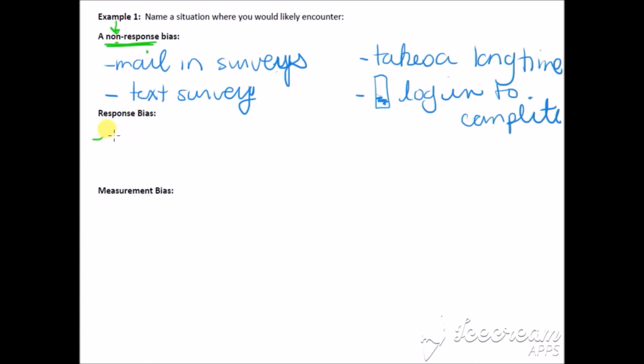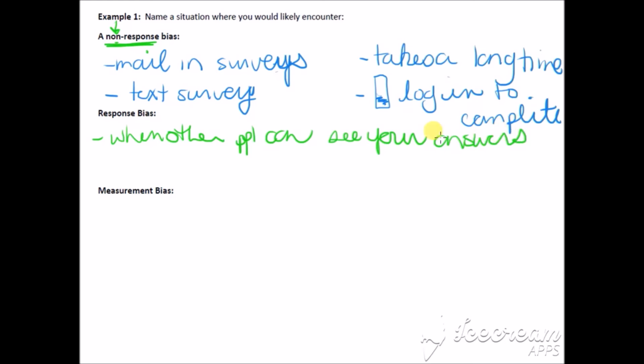Okay. So show of hand, like when other people can judge you. Other people maybe can judge you or see your answers. Okay. What if like a health nurse said, show of hands, who engages in drugs?